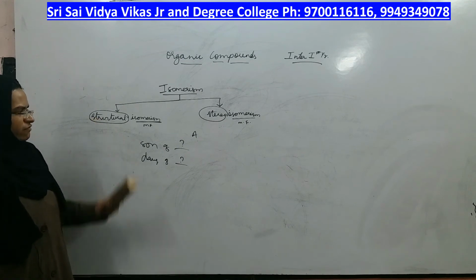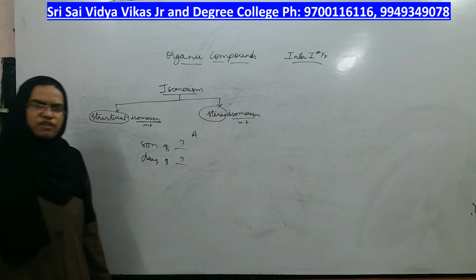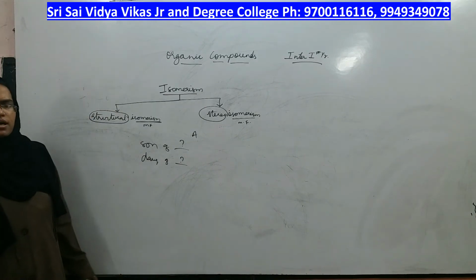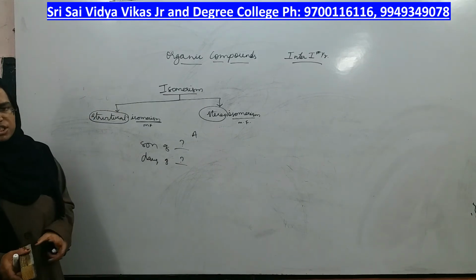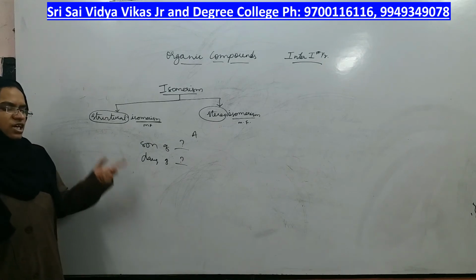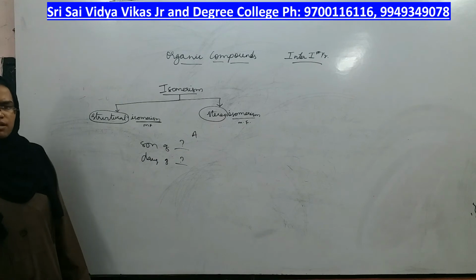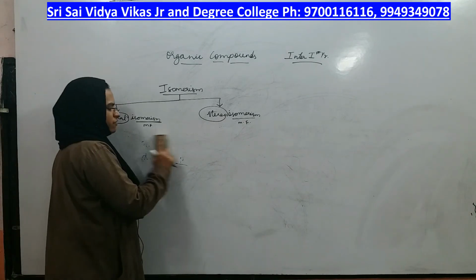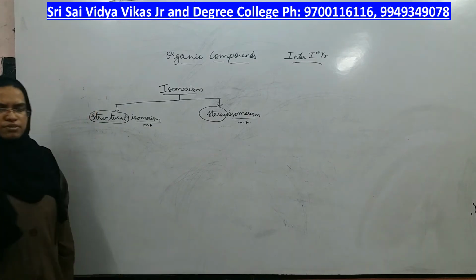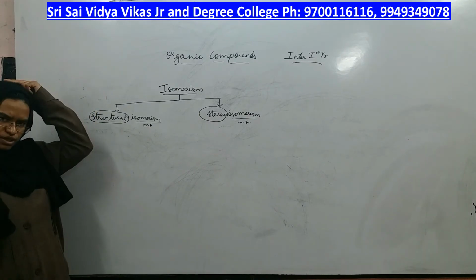So for every isomerism, you should always give a minimum of 2 examples. You can give even more than that, but 2 examples are a must to show the relationship between those two, and then say which isomerism is present in both of them. So everywhere I will be writing at least 2 examples to show the type of isomerism.